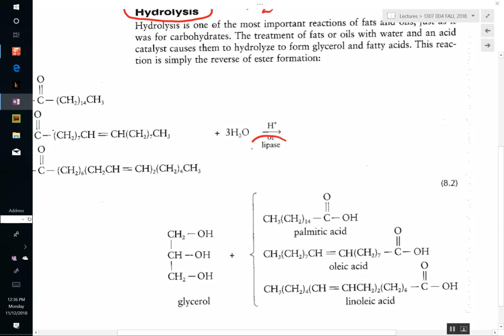Now let me just point out this little word right there. This is a kind of a prelude or preview of chapter 19. That is an enzyme. And when you see the OSE ending, you think of a saccharide, sucrose, etc. When you see the ASE ending, you will be thinking of an enzyme.